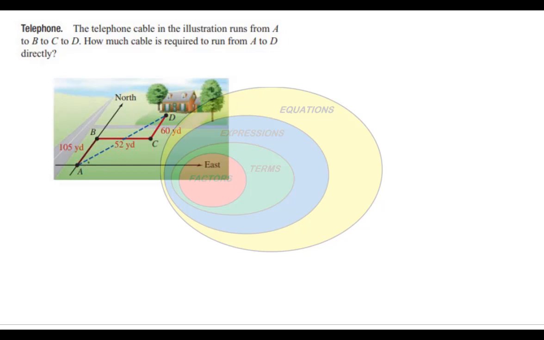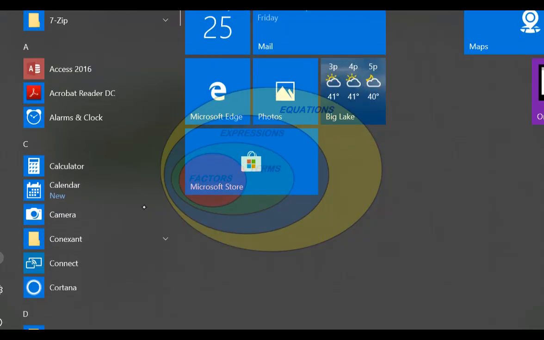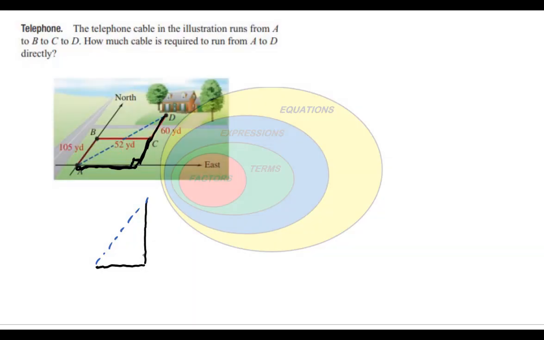I'm looking for this diagonal here, but if I extend this side down and use the base here, this would actually be a right triangle. So here's my right triangle, with my dotted line going here.